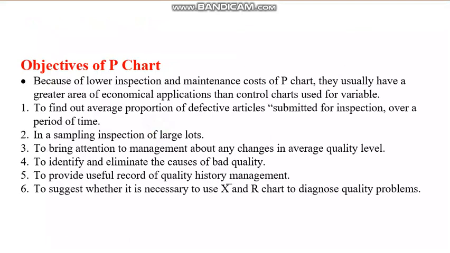Whereas in the case of attributes, the cost involved and the time involved are less. Because of lower inspection and maintenance costs, p charts usually have a greater area of economical applications than control charts used for variables.